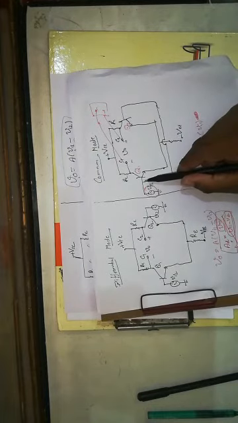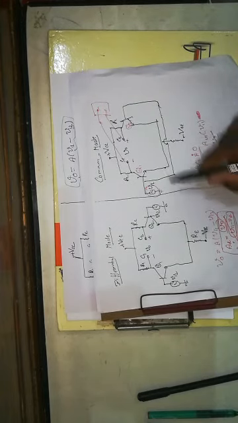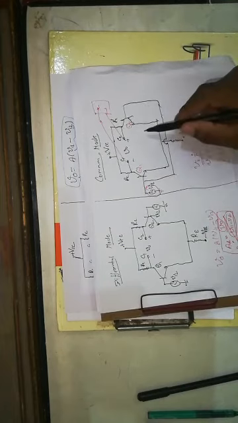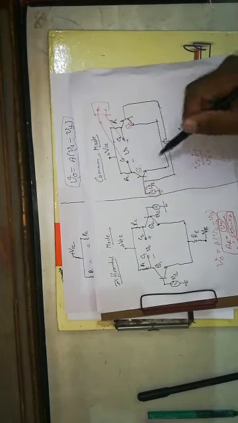So now the distinction between common mode gain and differential mode gain must be very clear to you. There is a clear cut distinction. According to the definition of a differential amplifier, the output must be 0, but it is not 0. The problem is that there is a mismatch between the two transistors.